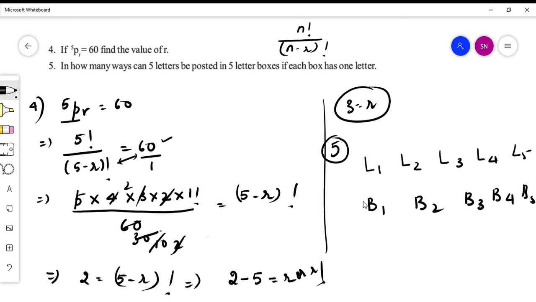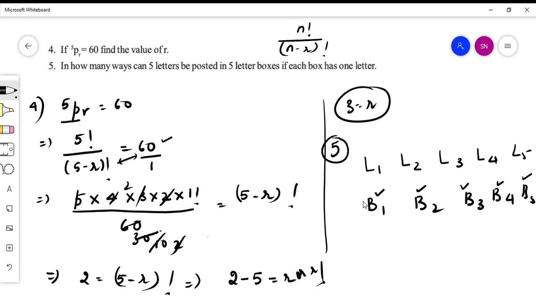Unless and until I know the proper address, it will not go to the correct letter box. If I don't know anything at all about the letter, in that case the postman can put letter 1 in B2's box, letter 2 in B1's box, letter 3 in B3 only, letter 5 in B4, similarly letter 4 in B5.